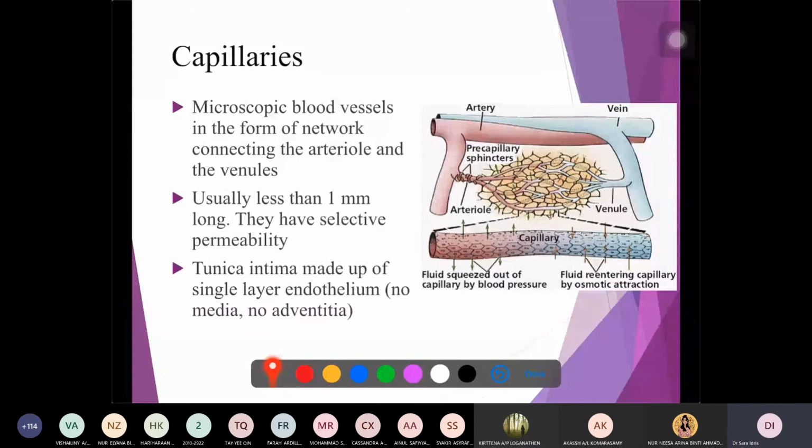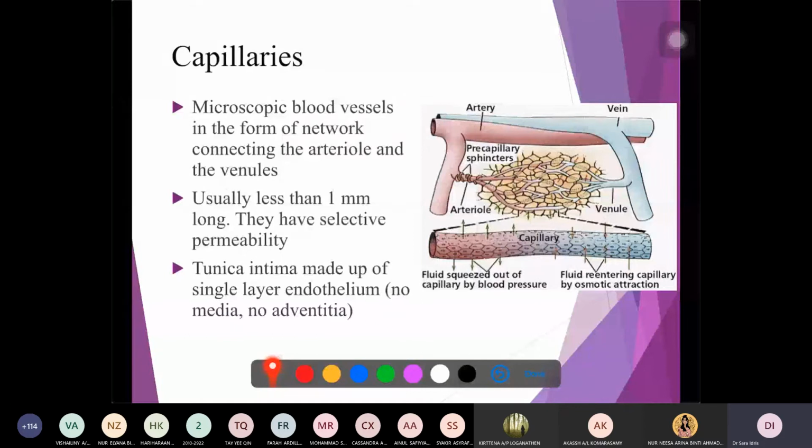The capillaries are microscopic blood vessels that form a network. They connect the arterioles on the arterial side and the venules on the venous side. Usually it's very, very short, and they're very, very thin. The tunica intima is only made up of a single layer of endothelium, and you don't have any tunica media or tunica adventitia.